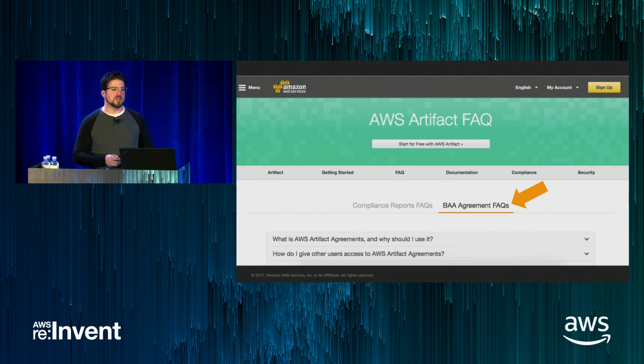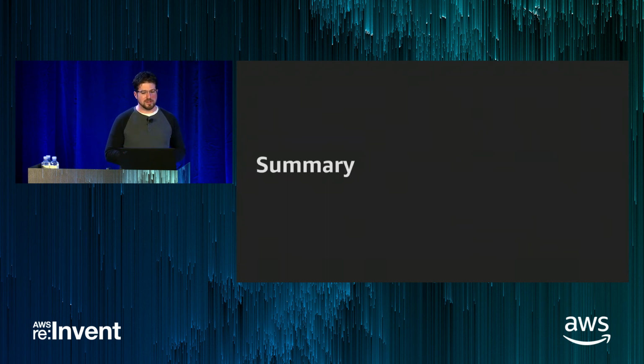It does require that you click through in the account that you actually own and sign a non-disclosure click-through. But that will give you actual access to the BAA, so if you've never seen it before and you want to read it, you can now go and request access to it, as well as other security documents from AWS, such as our ISO reports and SOC reports. All those things used to be required to go through an individual. You can get them all through Artifact now.